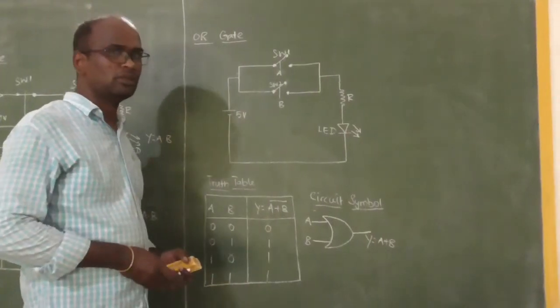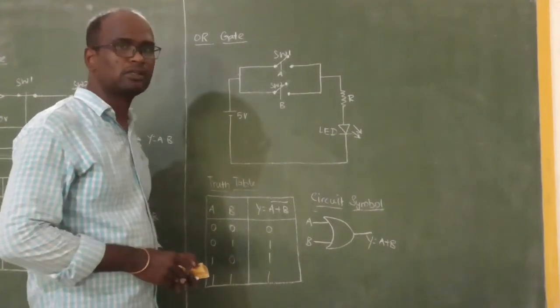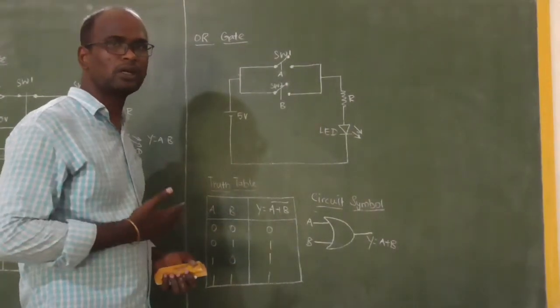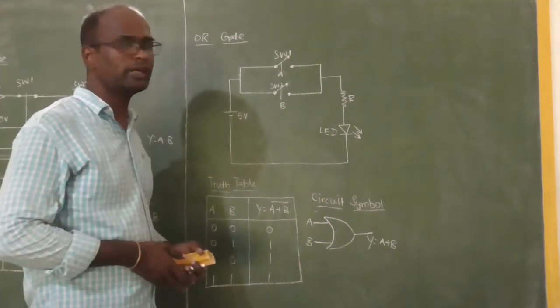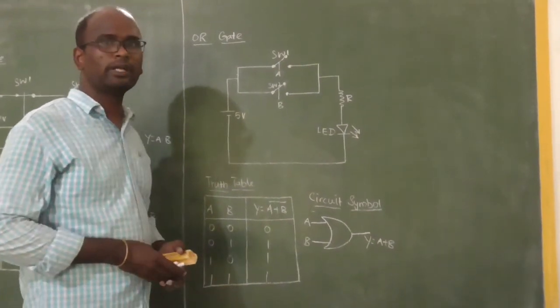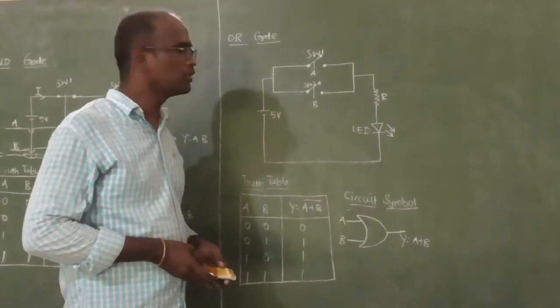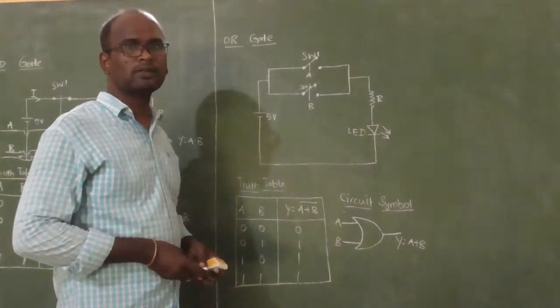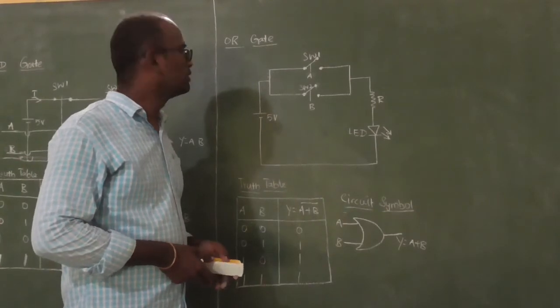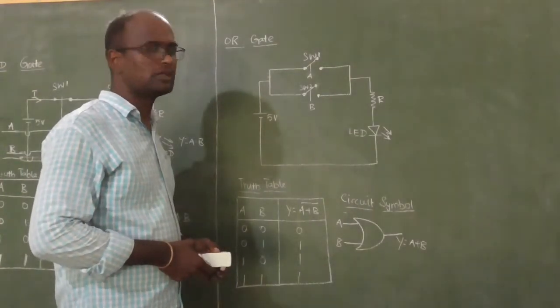Okay, the circuit design of OR gate. Next we are moving to OR logic gate. The circuit design of OR gate is almost similar to AND gate logic circuit, but the switches are placed in parallel to fulfill the OR gate logic.